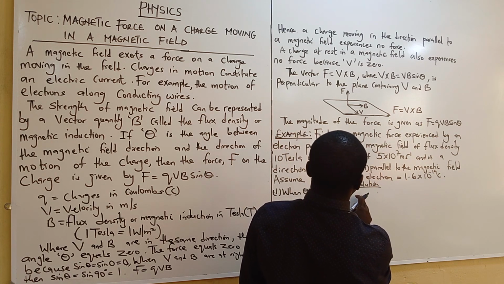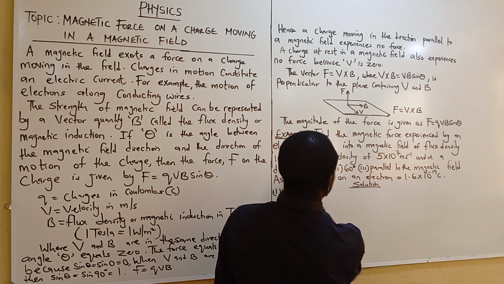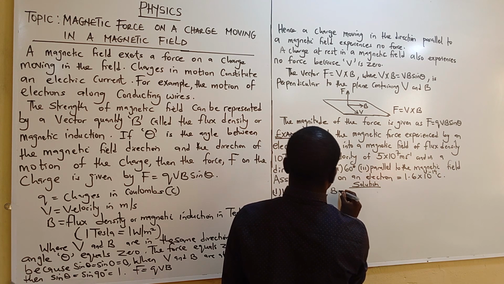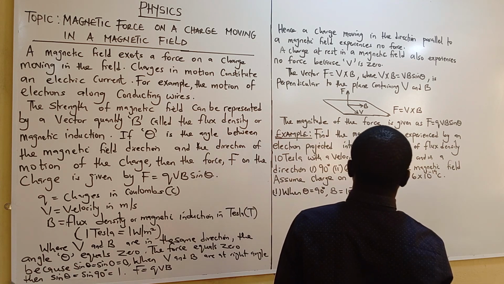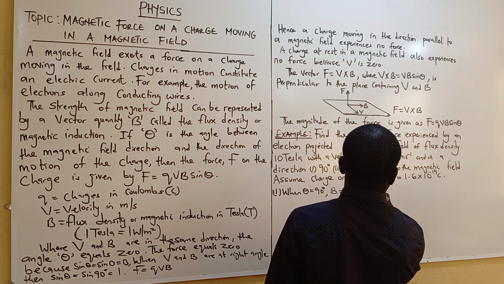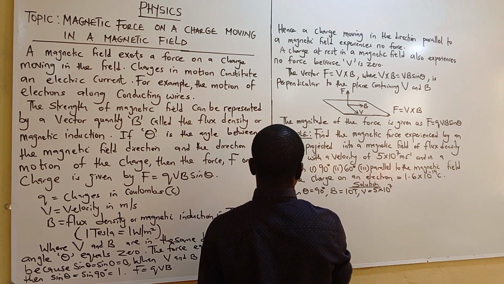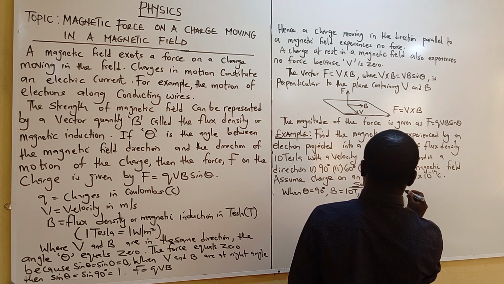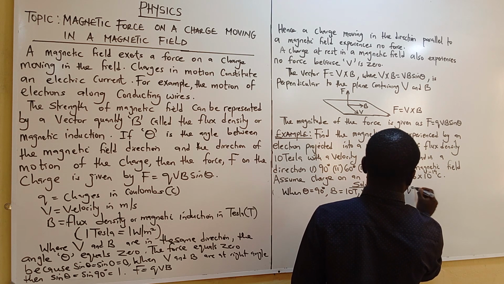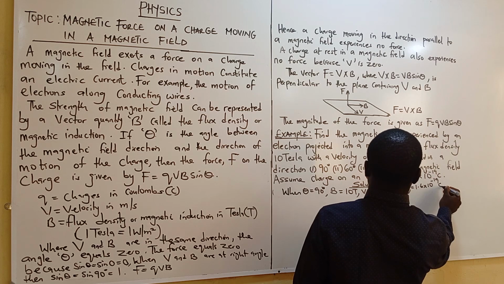We have the flux density B equals 10 Tesla, and the velocity equals 5 times 10 raised to power 7 meters per second, and you have the charge Q equals 1.6 times 10 to the power minus 19 coulomb.